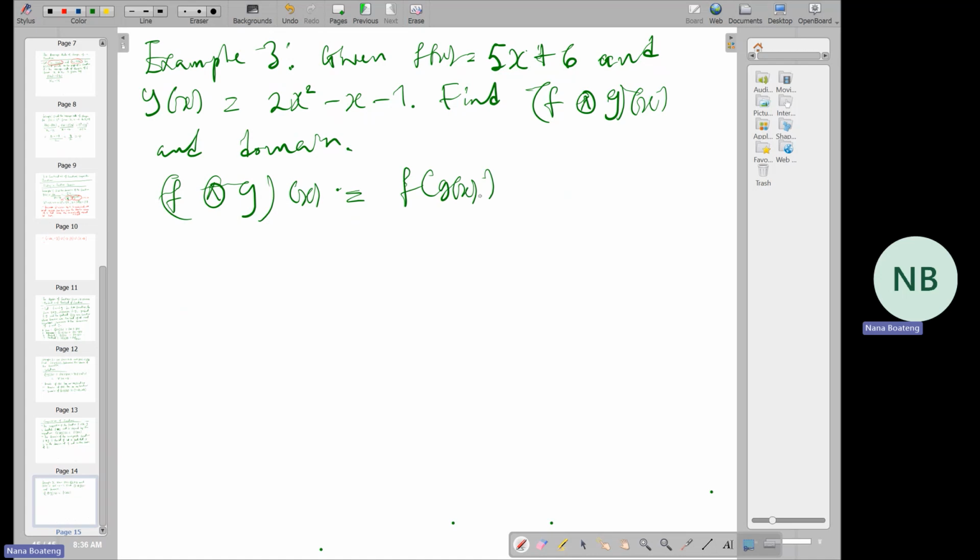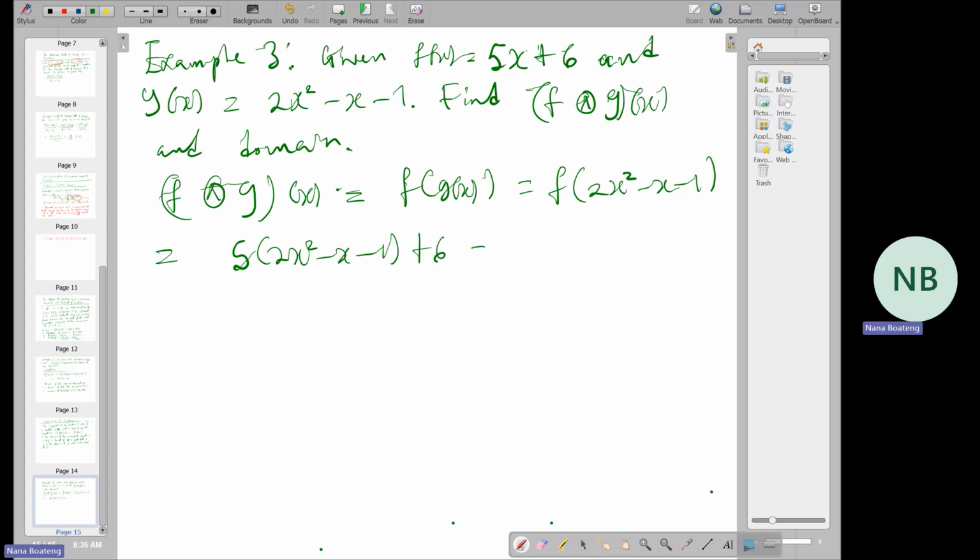So that means the x in f is replaced by g of x. And so this is equal to f of g of x, which is 2x squared minus x minus 1. And so f of x is 5x plus 6, so this becomes 5 times 2x squared minus x minus 1 plus 6.